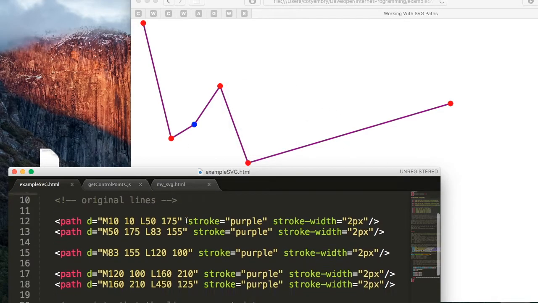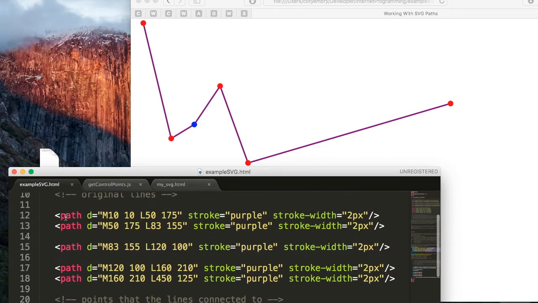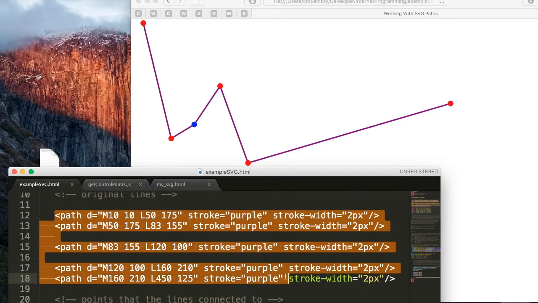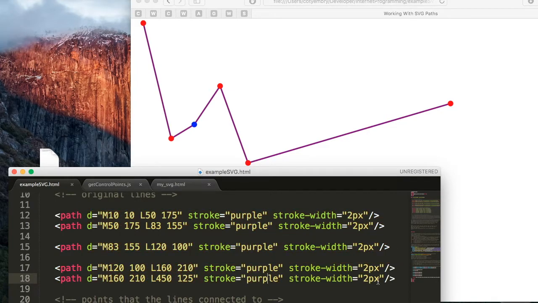I'm not going to go over how to draw the lines. That's path, and this is XY coordinates. Move to 10, 10, line 50, 175, an X and Y coordinate, and it just draws it there, and so on for all of these, and that's how that path gets there. So these are just the lines, and you see the stroke is purple with a 2 pixel width.